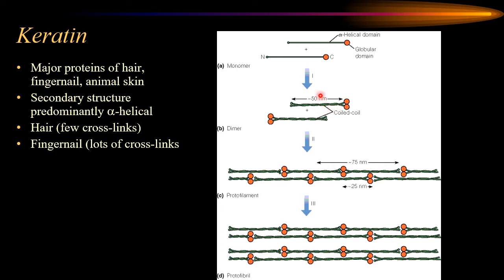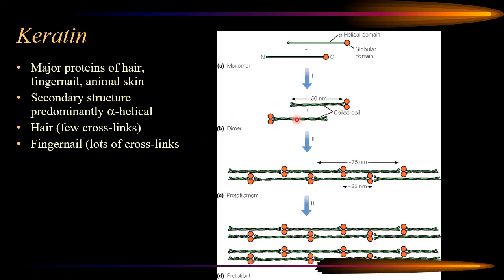So the alpha helices wind around each other to form a coil, if you will. Your monomer becomes a dimer, and then they line up with each other to form the protofilament. And then more of these lining up together is a protofibril, and then eventually it becomes keratin.